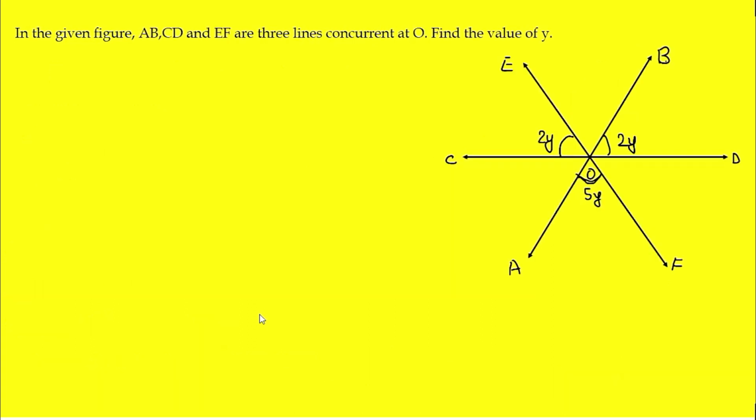The next question is, in the given figure, AB, CD and EF are three lines concurrent at O. Find the value of y. The interesting thing is that three lines intersect. AB and EF intersect, and thus they form vertically opposite angles.